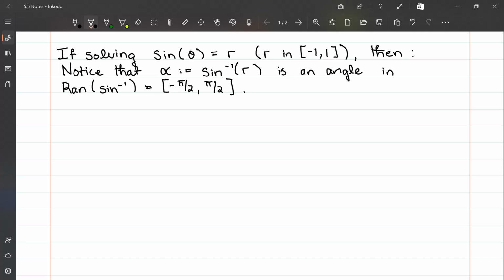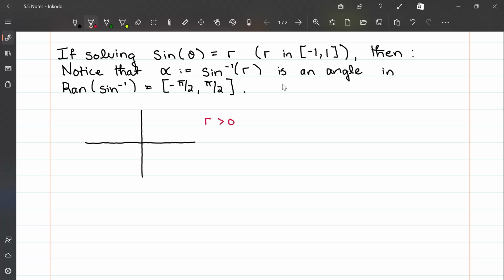The reason for this is, as we should know by now, if alpha is the arcsine of r, then there is a related equation that goes along with it, which would be sine of alpha is equal to r. So that is one solution. And there are two ways that this solution could look visually, which is going to be important to us.